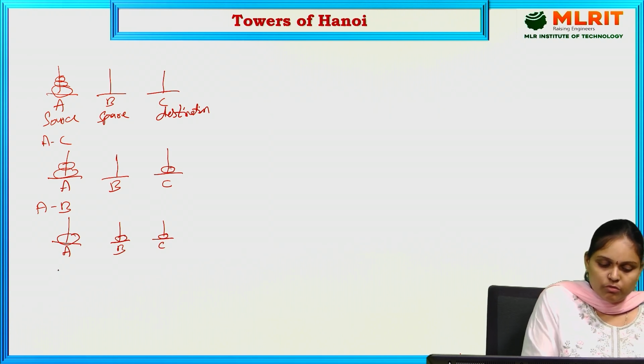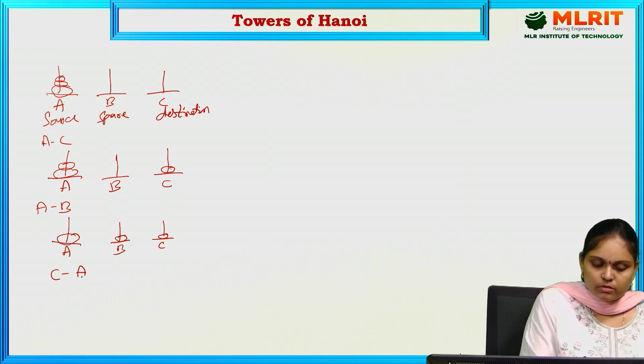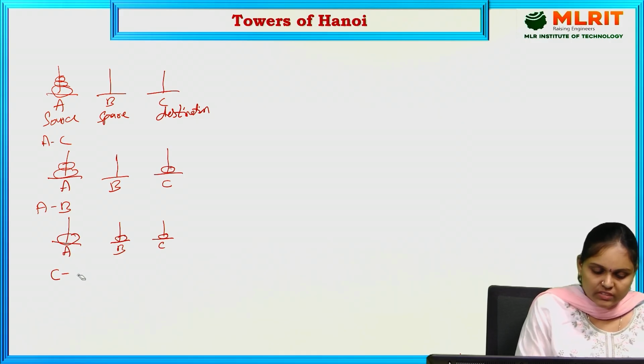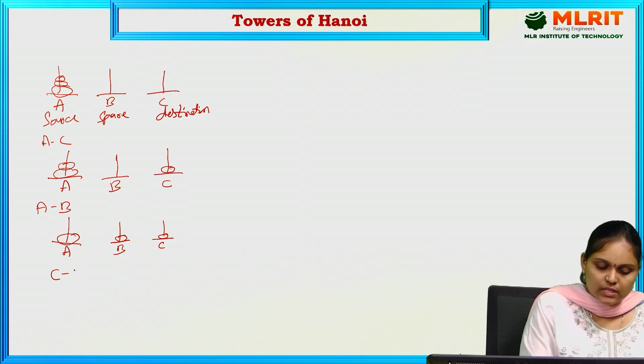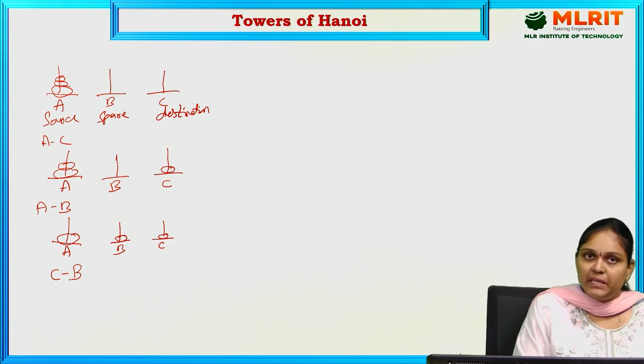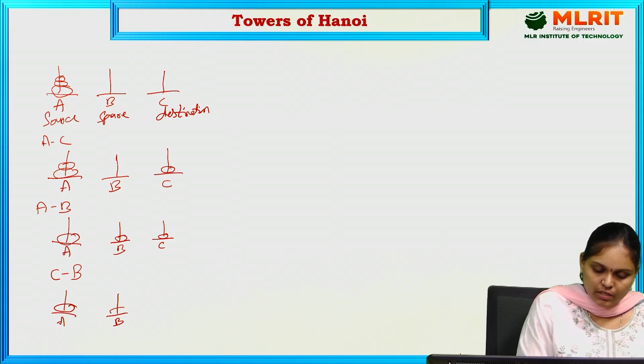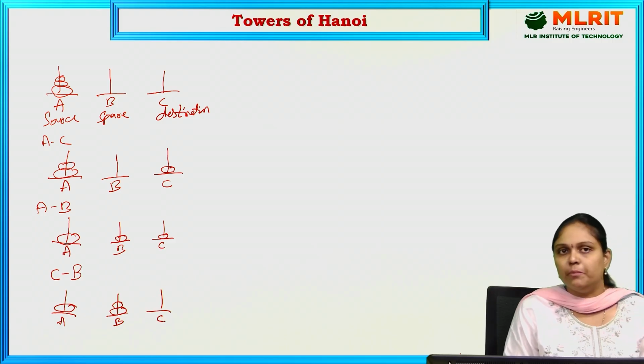And now we are moving this one disk from C to B. So now in A we have the larger disk, in B the medium disk, and the small disk in C we are moving to B, and C is empty.